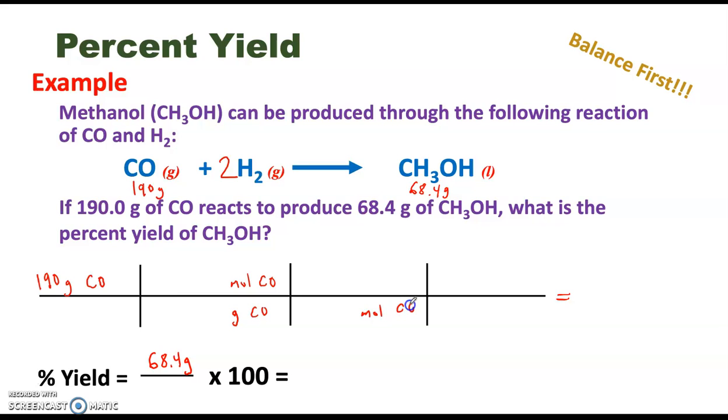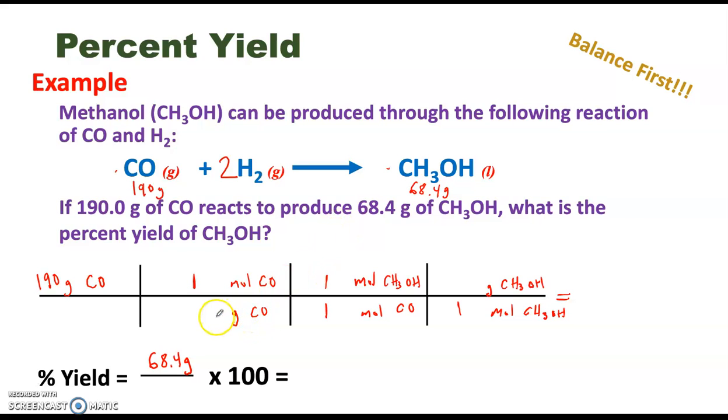So I bring moles of CO down, I go moles CH3OH, then I bring moles CH3OH, and then I go grams CH3OH. Mole gets the 1, mole gets the 1. I've got a 1 here and a 1 here because it's a 1-to-1 mole ratio.